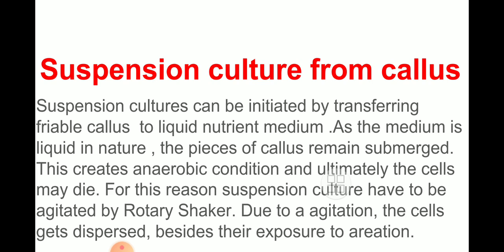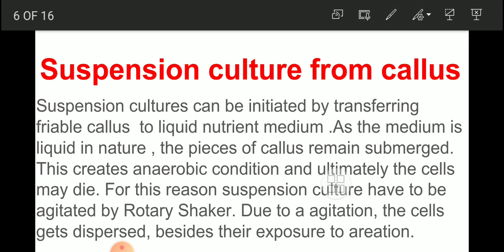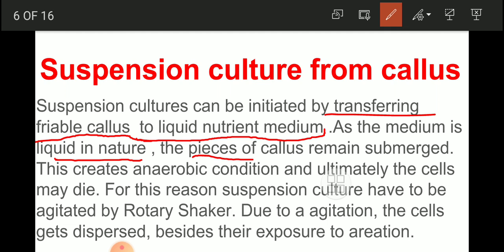Now suspension culture from the callus culture, that already I have said to you. Suspension culture can be initiated by transferring friable callus to the liquid nutrient medium, isn't it? Whenever the callus is produced, that callus we have to transfer to a container containing liquid nutrient medium. As the medium is liquid in nature, the pieces of callus remain submerged.